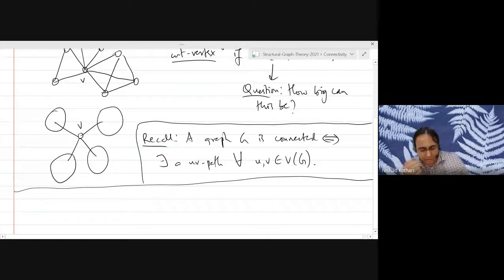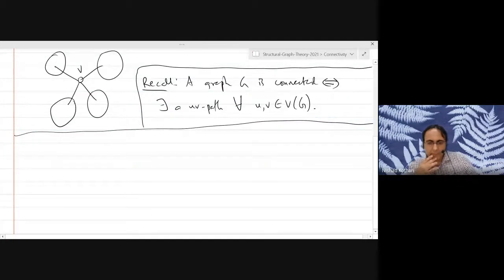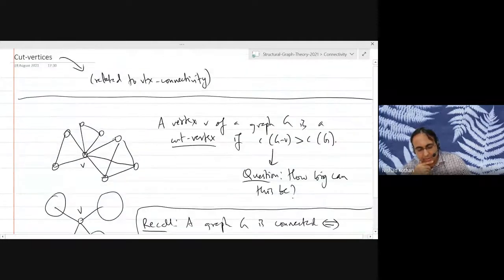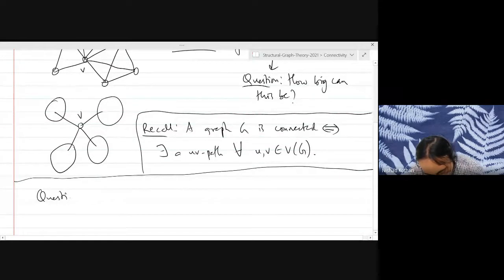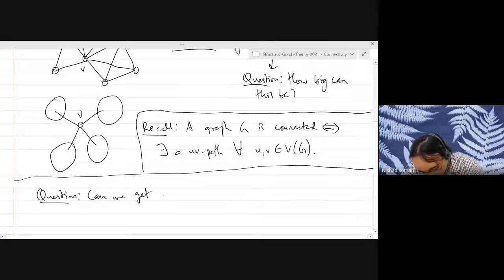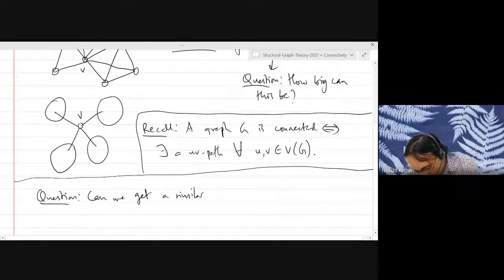Either you can use walks or you can use paths, they turn out to be equivalent. Okay? So, can we get something similar for graphs that do not have cut vertices? Can we get a similar result for graphs without cut vertices?